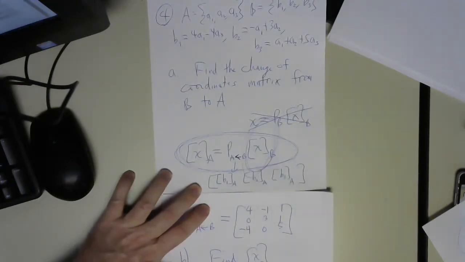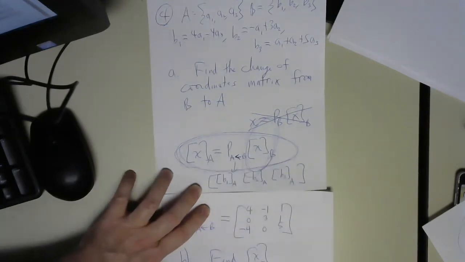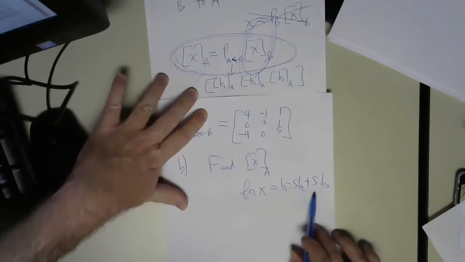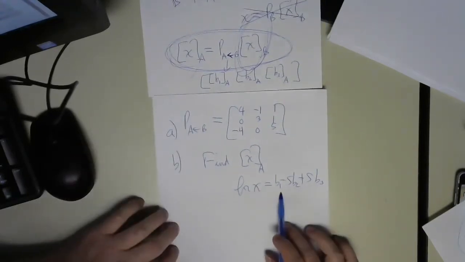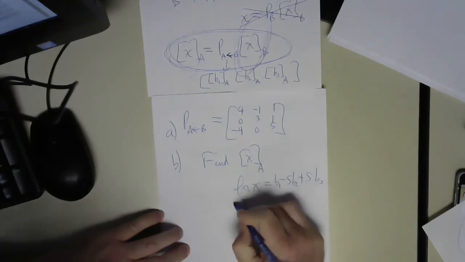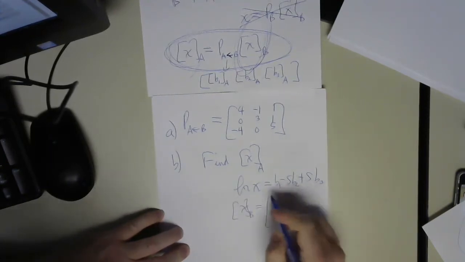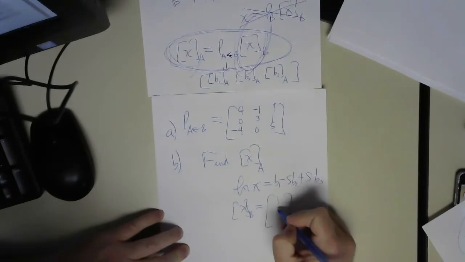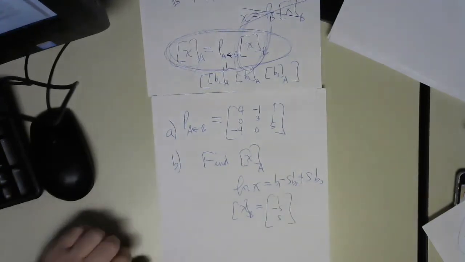So we just want to find this. Now I know they gave it to us not as a coordinate vector, but we can easily change it into a coordinate vector, right? Because by definition, those are just the coordinates of the B basis elements, which are 1, -5, 5.